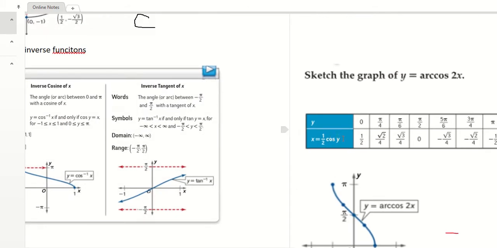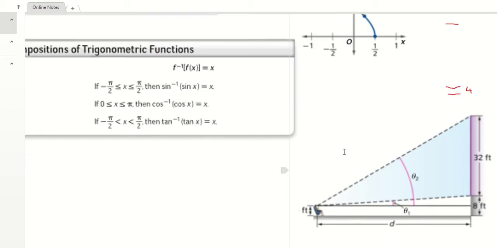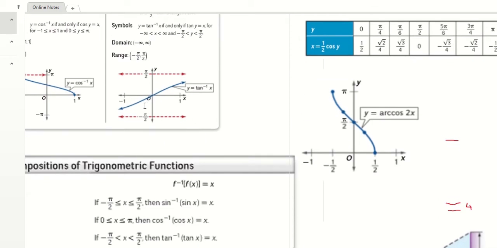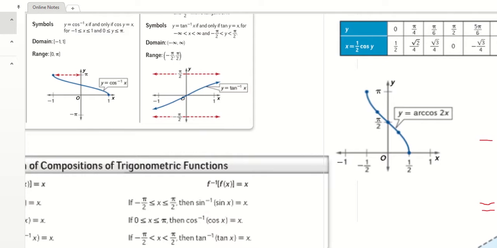So if normally it was only cos y, we're now going to get all the values halved. So x is always half. So instead of x going from -1 to 1, in the case of cosine, x is going to go from minus half to half, right?